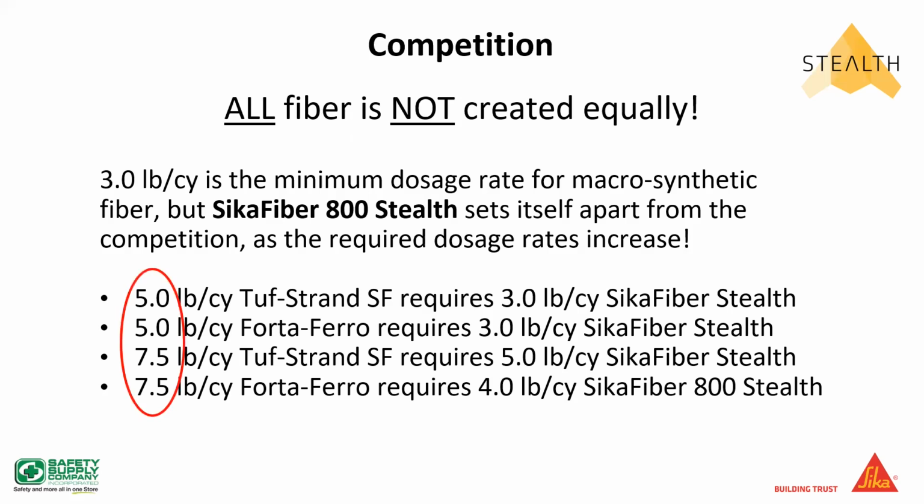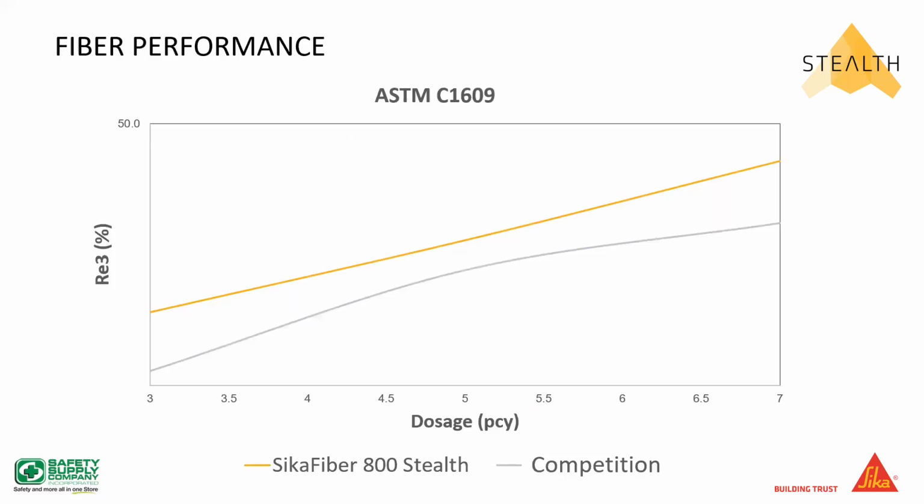So look at those numbers versus these numbers. It's significant. I don't know what the fiber sells for over there, but that can be some significant money, especially on larger pours. So just a neat little note to keep in mind.